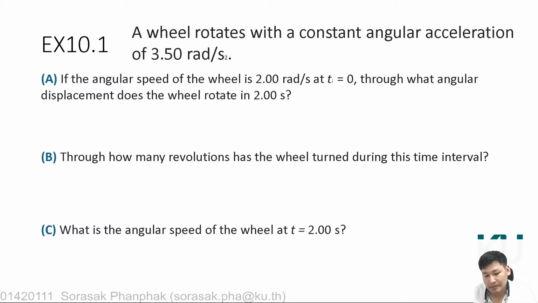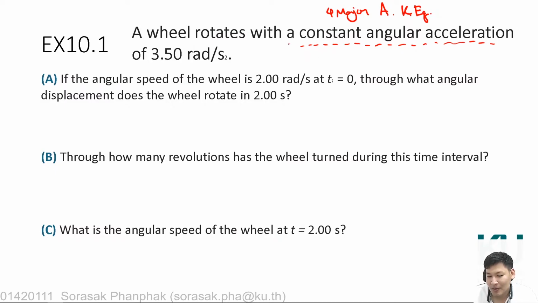For this problem, a wheel rotates with a constant angular acceleration. Since you've seen something like this, now you can think about the four major kinematics equations, which in this case are our four major angular kinematics equations.